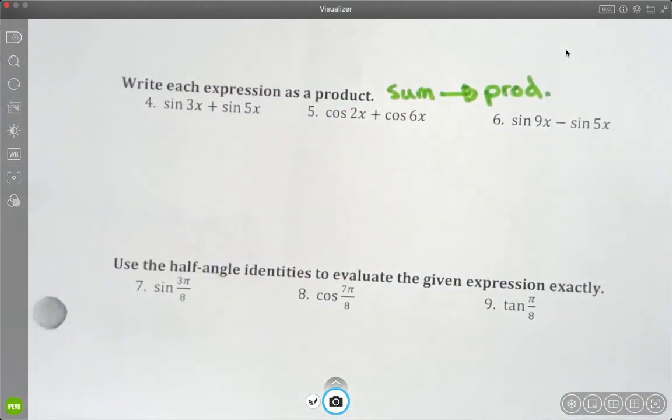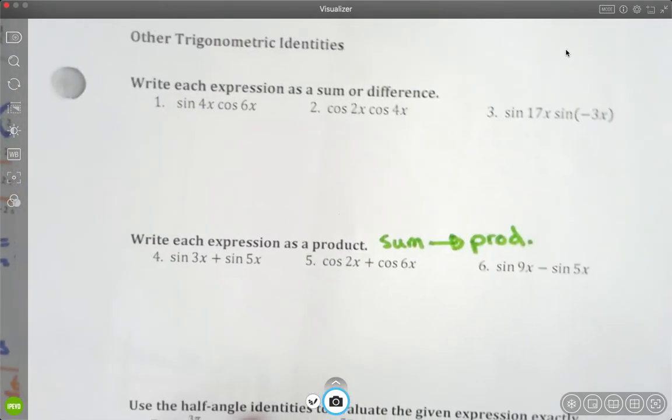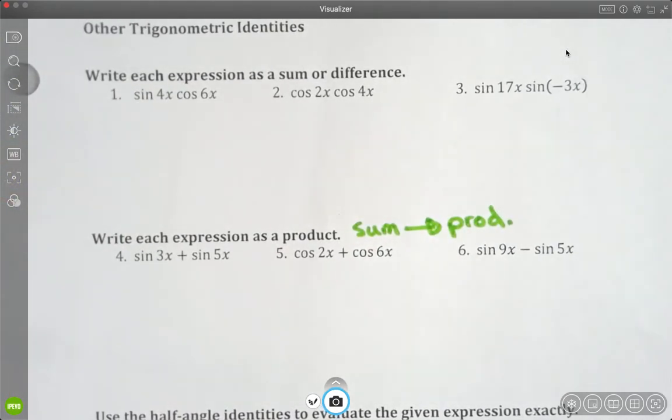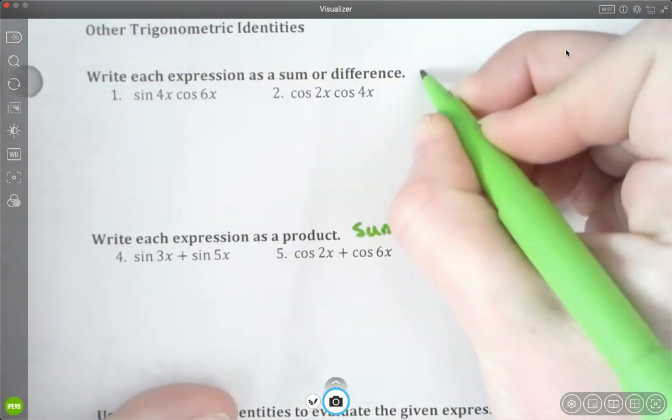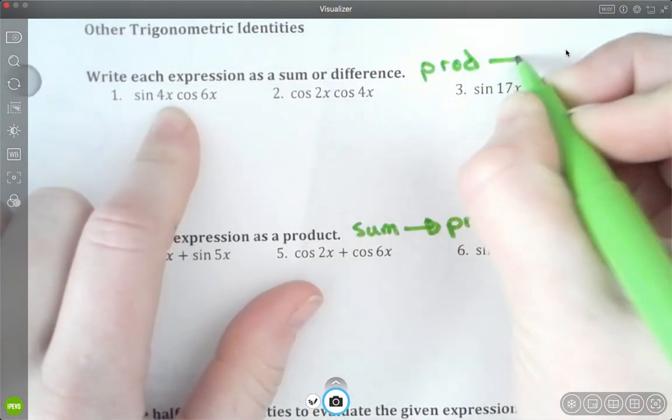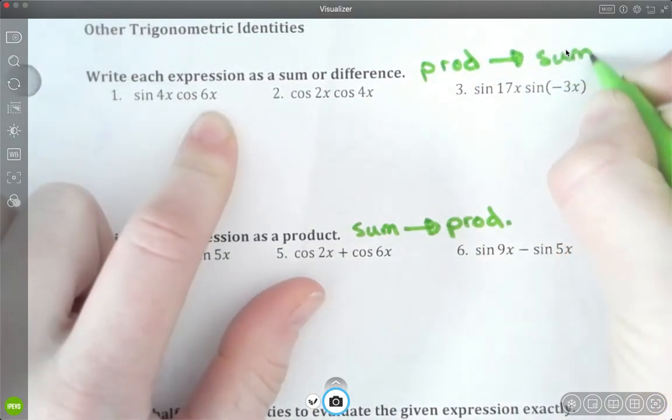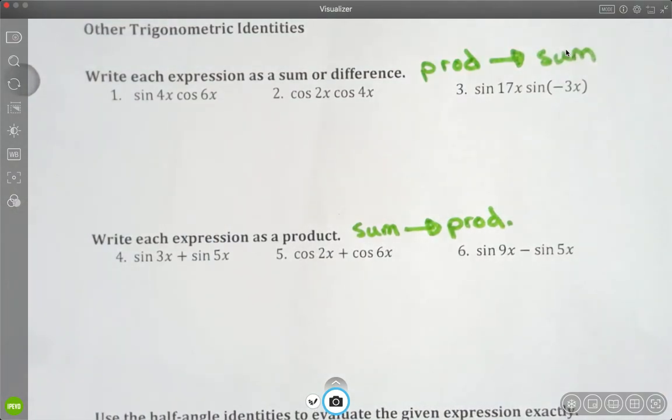On 1, 2, 3, what are those? Those are products. And you are trying to convert them to a sum. So those are the formulas that you are going to use.